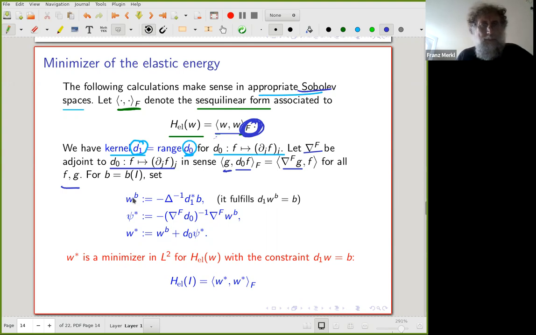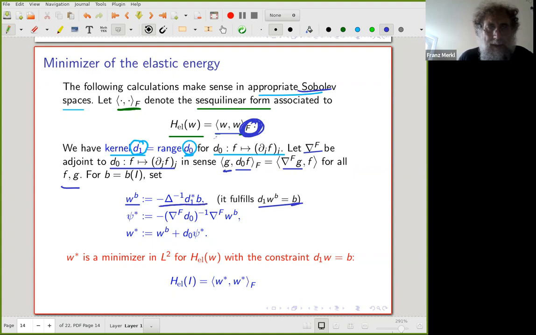And then we do the following. Given our Burgers vector density, we first look at a W which fulfills that its curl is the given Burgers vector density, but is not yet a minimizer.